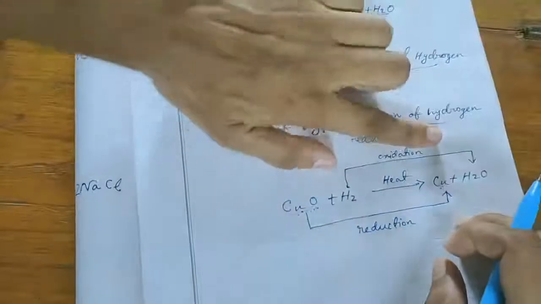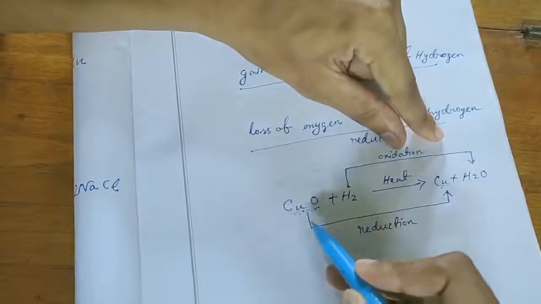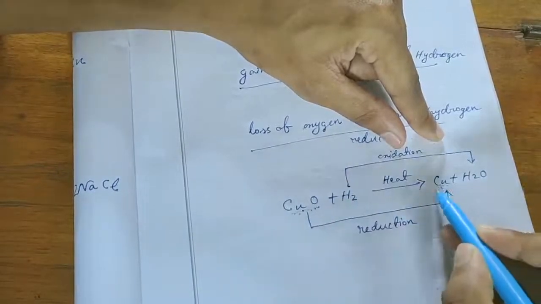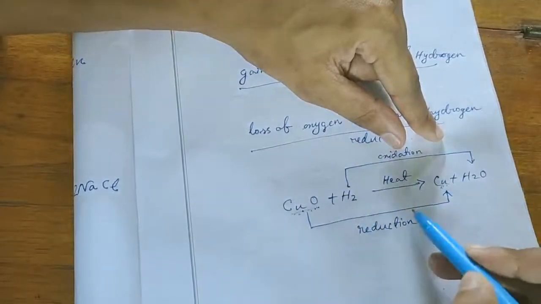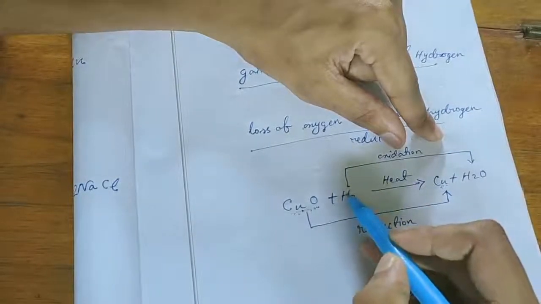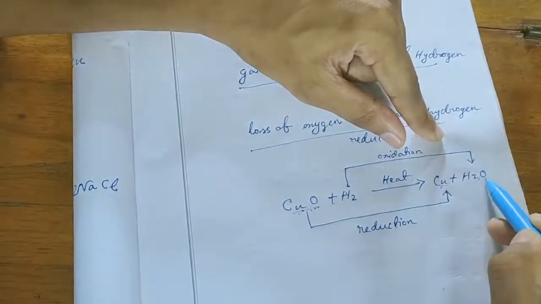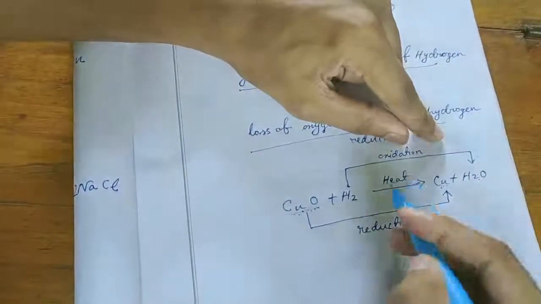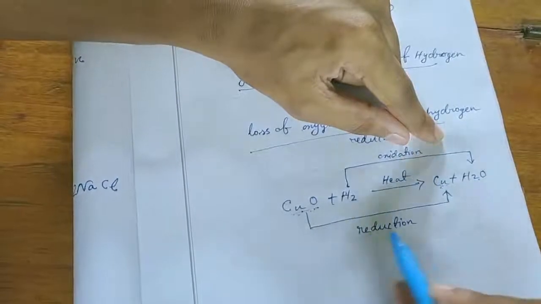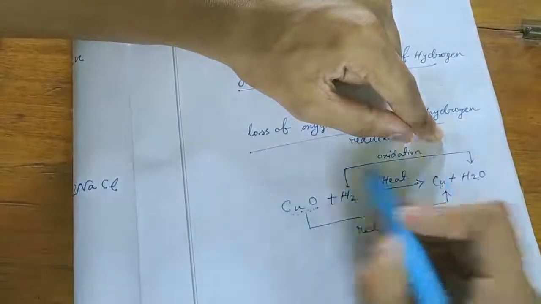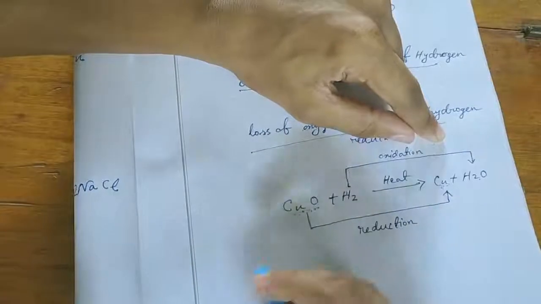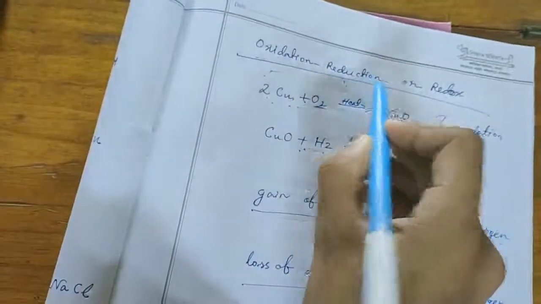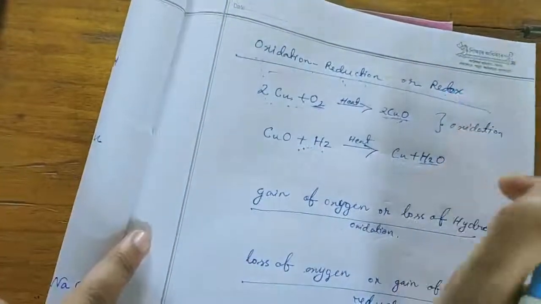First this compound lost oxygen, so we will call it reduction. Then this compound gained oxygen, so this is oxidation. Now since the oxidation and reduction are happening in the same chemical reaction, we will call it oxidation reduction reaction, or simply redox reaction.